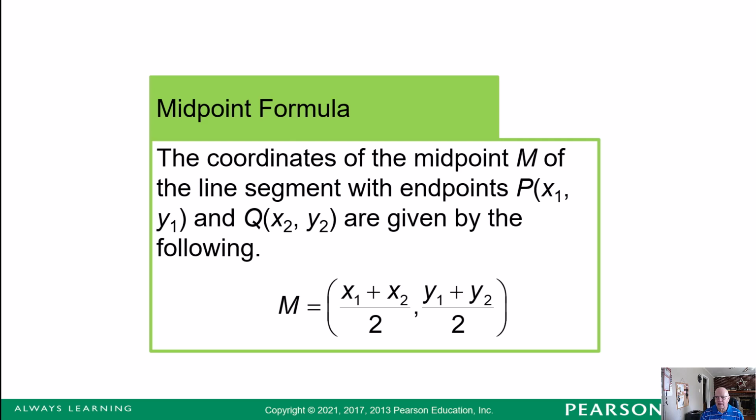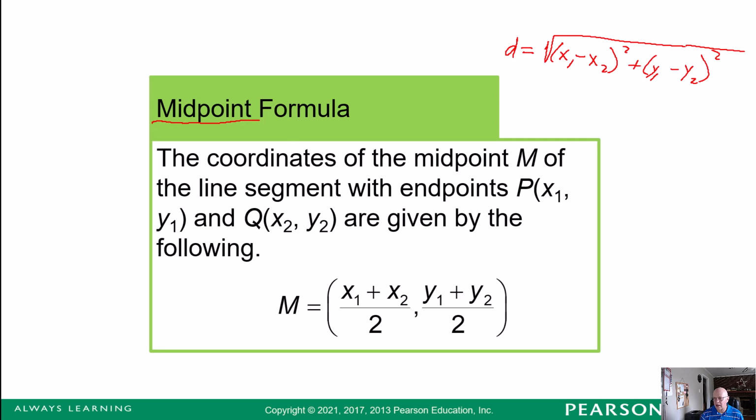Now, this is a different one. This is the midpoint formula. Now, remember the distance between two points you find like this: x1 minus x2 or vice versa squared plus y1 minus y2 squared. Notice you're subtracting here and you're squaring.